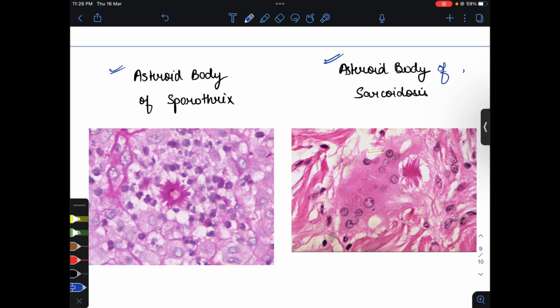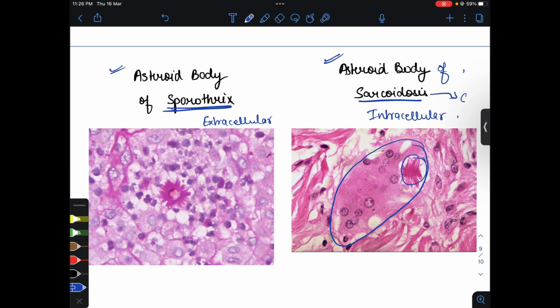Please remember, in both Sporothrix and sarcoidosis, asteroid bodies will be seen, but in Sporothrix the asteroid body is present extracellularly, while in sarcoidosis the asteroid body is present intracellularly, as we see here. In sarcoidosis we see a giant cell, so the asteroid body is present inside the giant cell. I hope this is clear, the difference between the asteroid body of Sporothrix and that of sarcoidosis.